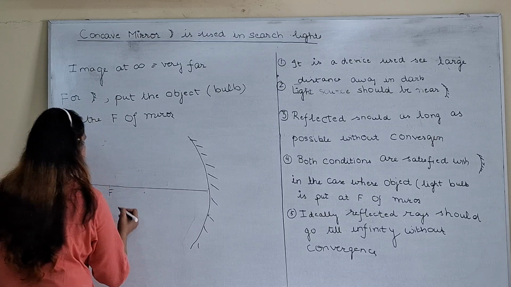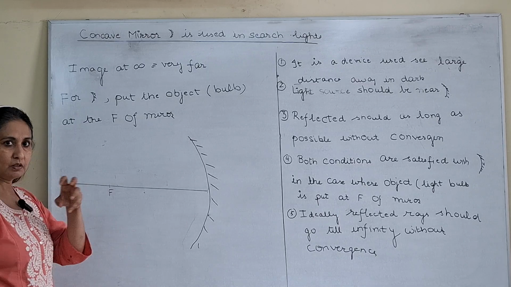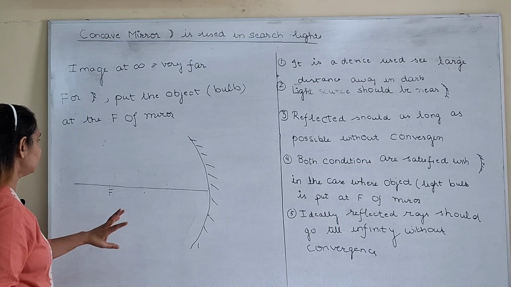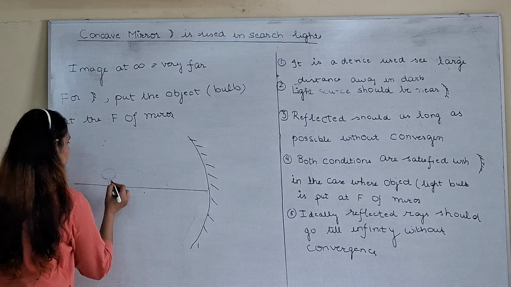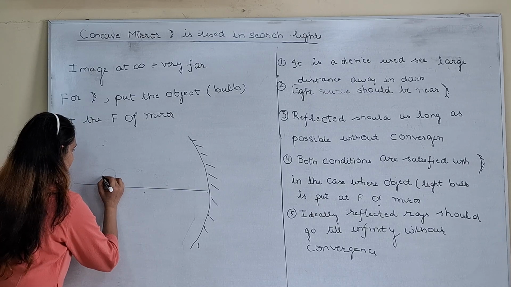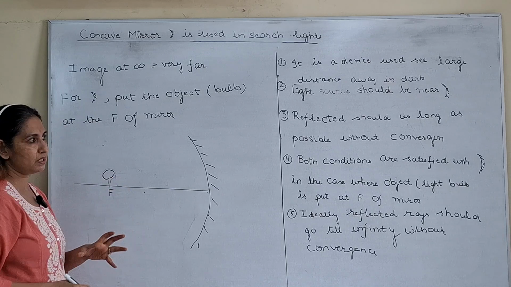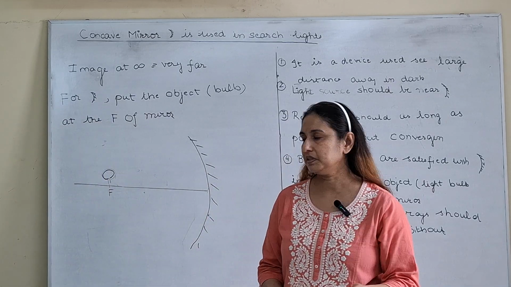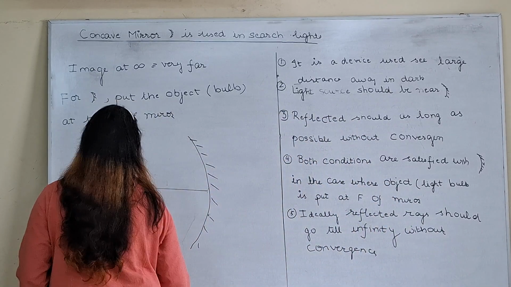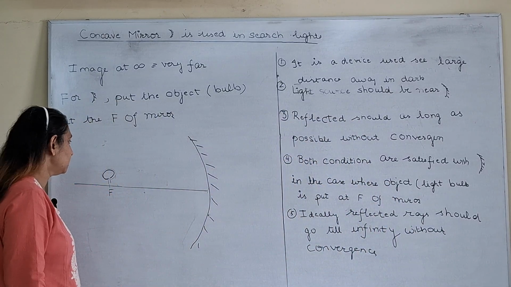This is the focus. We want the bulb, the object, to be put on focus. So we are putting the bulb at focus. जब कोई भी चीज़ focus पे होती है, then the reflected rays go to infinity. So we've kept a bulb, so we try to get its image.